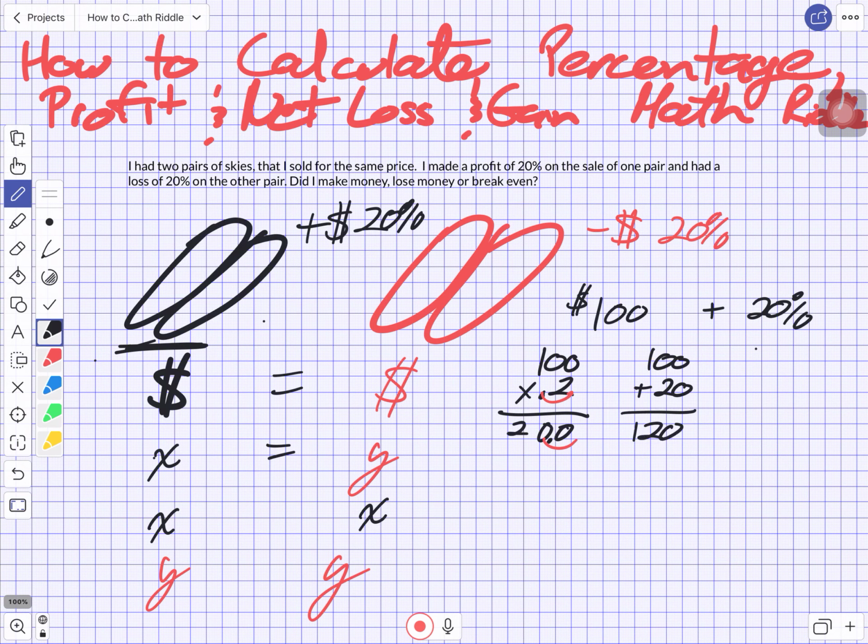Another way we could have calculated this is 100 times 1.2. Okay, the 1 being the 100%, and the 0.2 is the 20%. So we're keeping in consideration the original 100%, or the $100, and adding that 20%. So when we multiply that, 2 times 0 is 0, 2 times 0 is 0, 2 times 1 is 2.